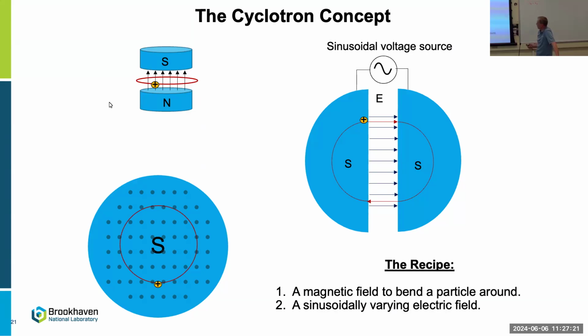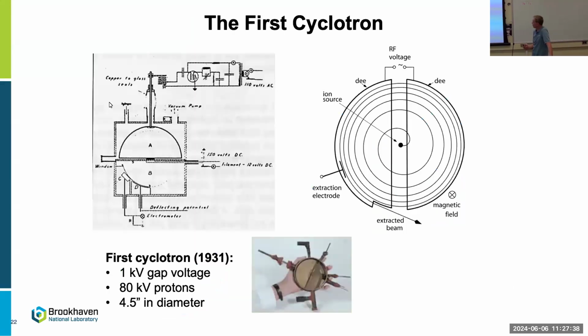So the recipe is that you take the magnetic field to bend the particle around, and then a sinusoidally varying electric field in between these two halves allows the particles to keep being accelerated at every turn.